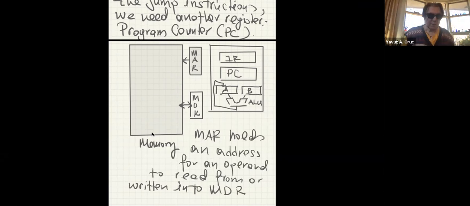Okay. Now, of course, when we write things, we use MDR to actually push the thing inside, that is inside the memory. When we read things, we get the MDR to receive things.